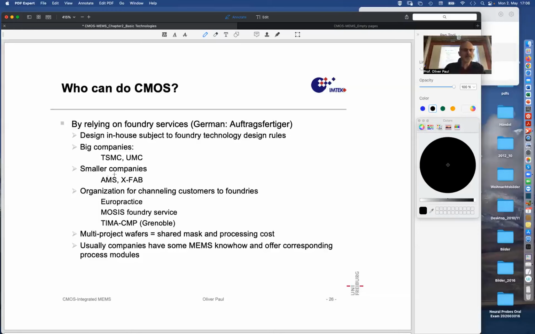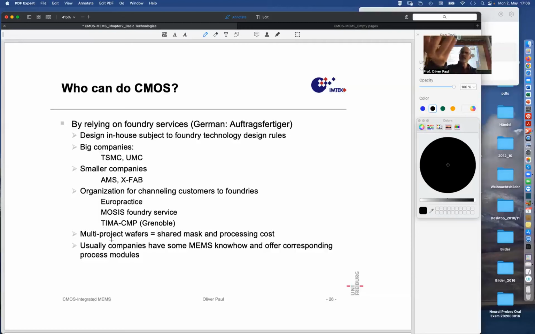And then there are smaller companies, AMS, X-FAB. I like X-FAB a lot. We have done many designs in X-FAB. There are also services who are the intermediaries between foundries and customers. So if you imagine that you're a university lab and you would like to have some chips fabricated, but you cannot afford to have the company produce entire wafers, what is done then is a so-called multi-project wafer.